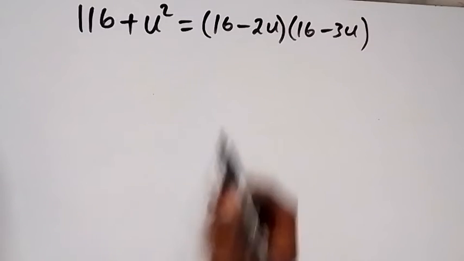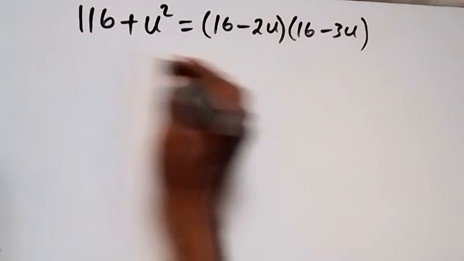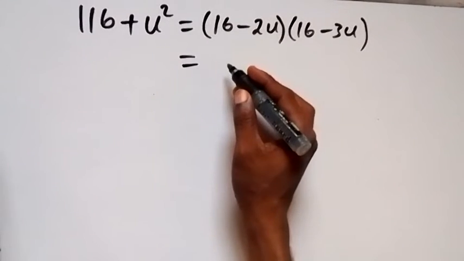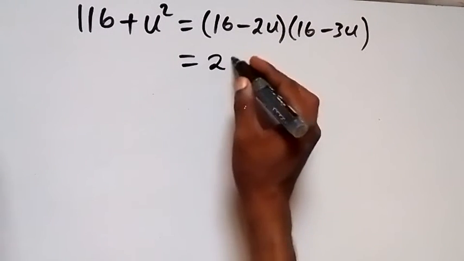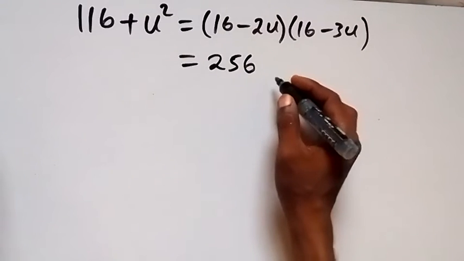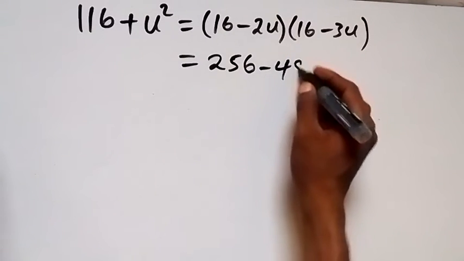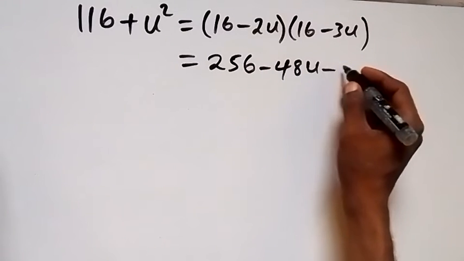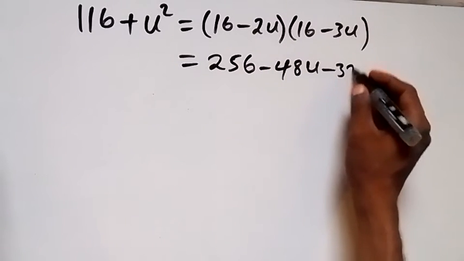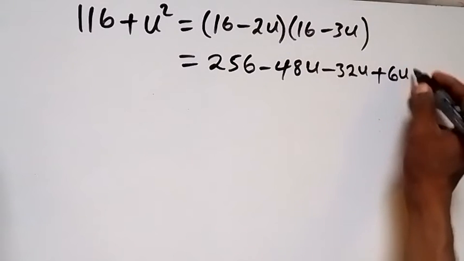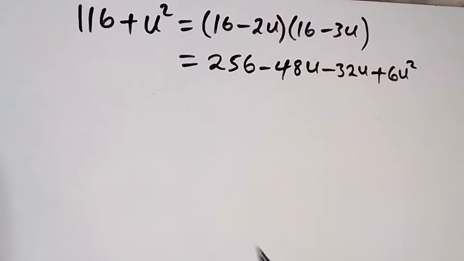We use 16 to multiply first, and then you have 16 times 16, that will give us 256. Then 16 times minus 3u, that gives us minus 48u. You also have minus 2u to multiply, we have minus 32u now, then plus 6u squared. So this is the expansion here.